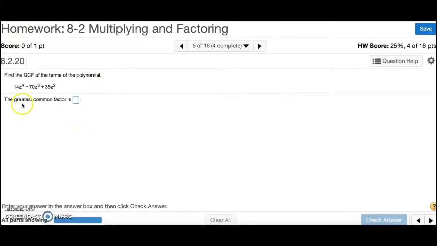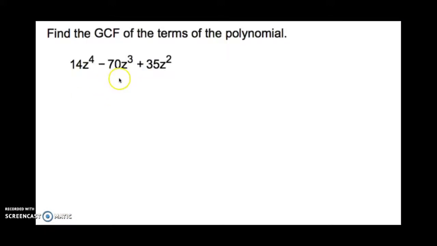Number 5 says to find the GCF of the terms of the polynomial. When it says find the GCF, all we want to write is the greatest common factor. You don't have to factor it out. Okay, so we look to see what's the largest number that can be divided out of each individual number. First, the coefficients. So 14, 70, and 35. The largest number we can divide out is 7.